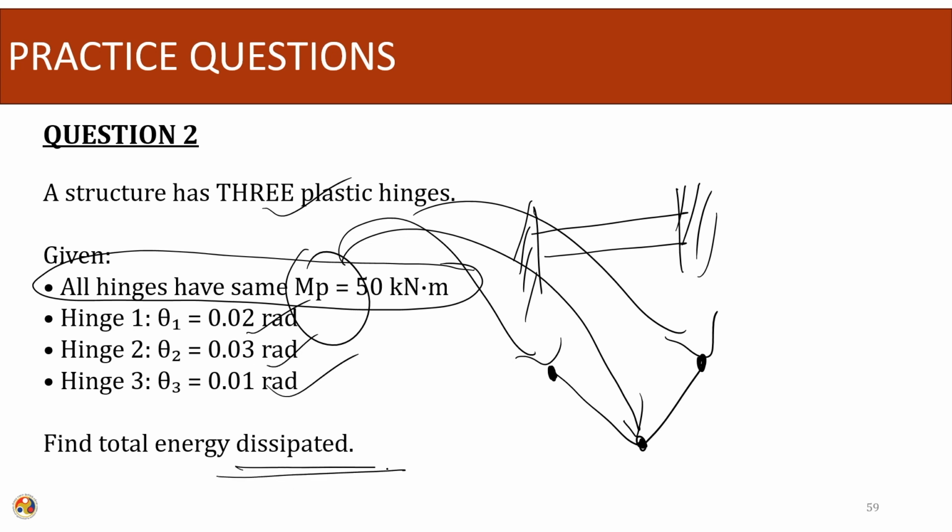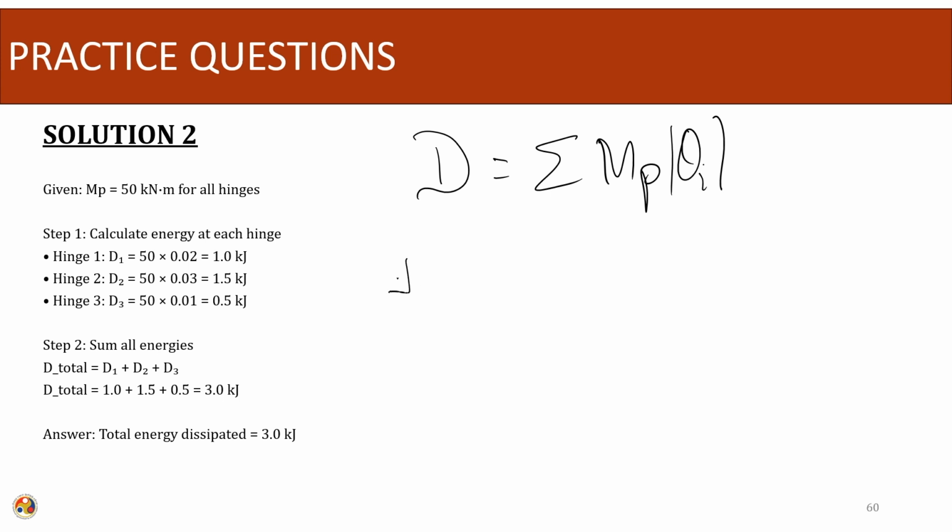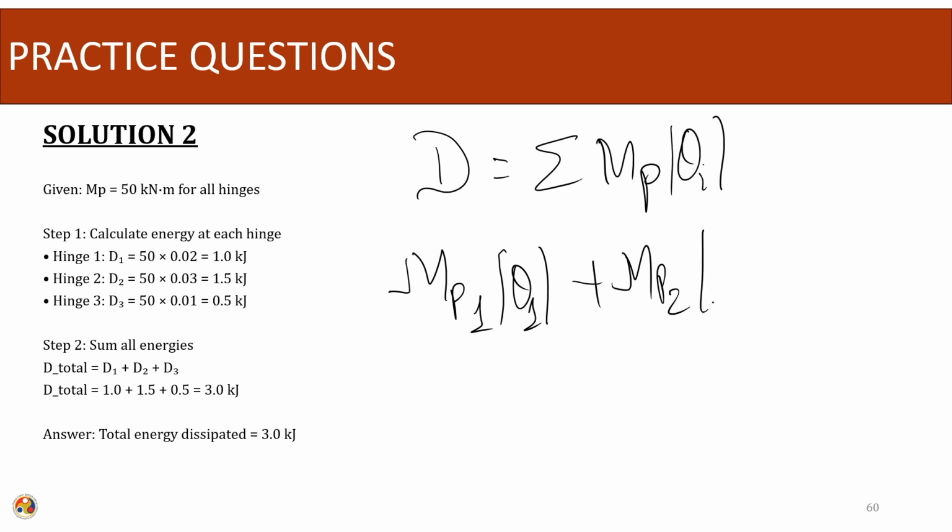So, the total energy dissipation is required. Following the same steps, we calculate all the energy. We know our solution is D equals summation of MP mod of theta i. So, here it will be MP1 theta 1 plus MP2 theta 2 plus MP3 theta 3.